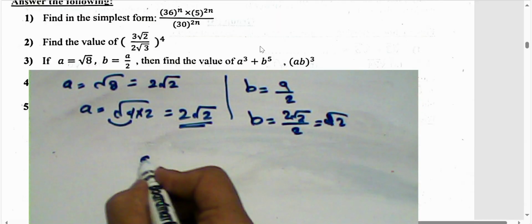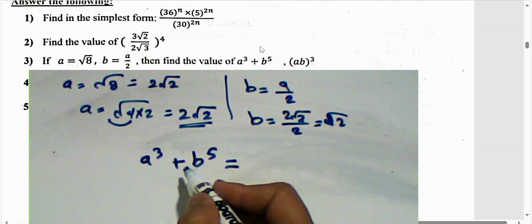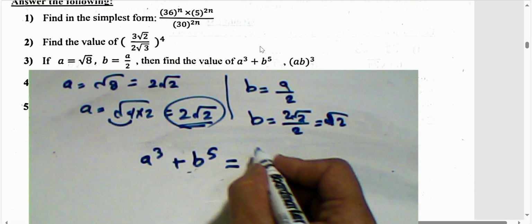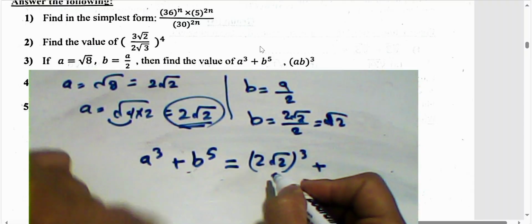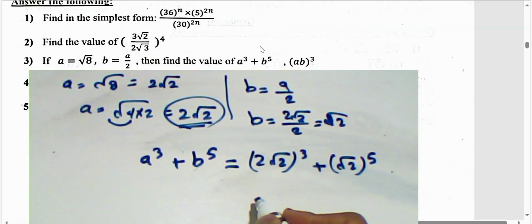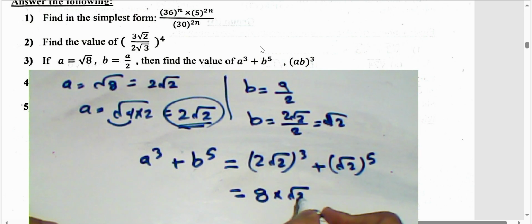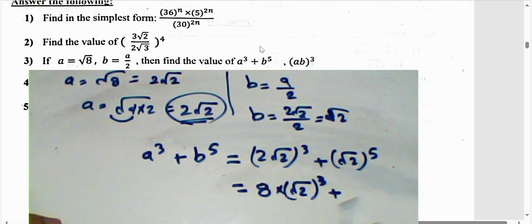Okay, he wants us to find a power 3 plus b power 5. Then a power 3 equals this number: 2 root 2 all power 3, plus b power 5, root 2 all power 5. Then 2 power 3 equals 8, product by root 2 all power 3. Okay, don't worry, I will simplify it.